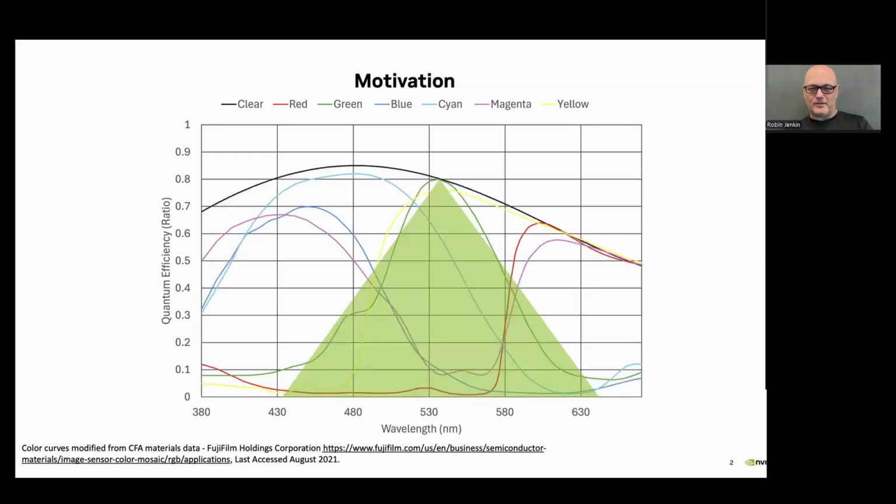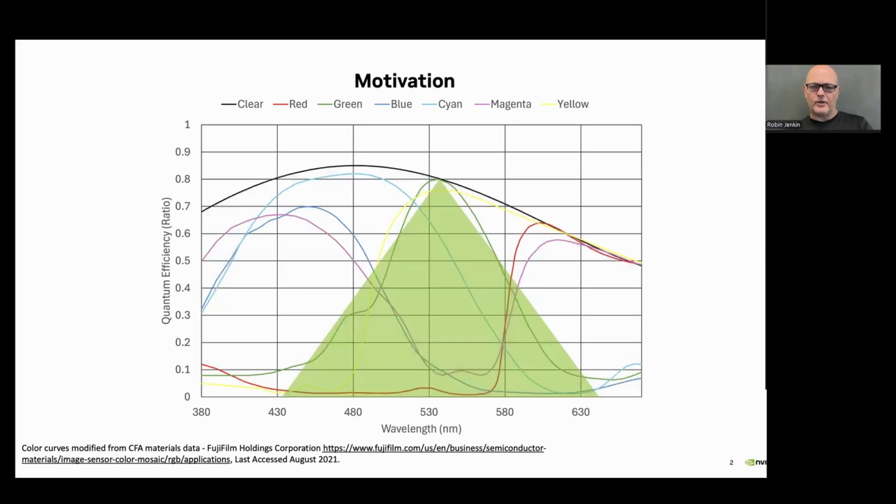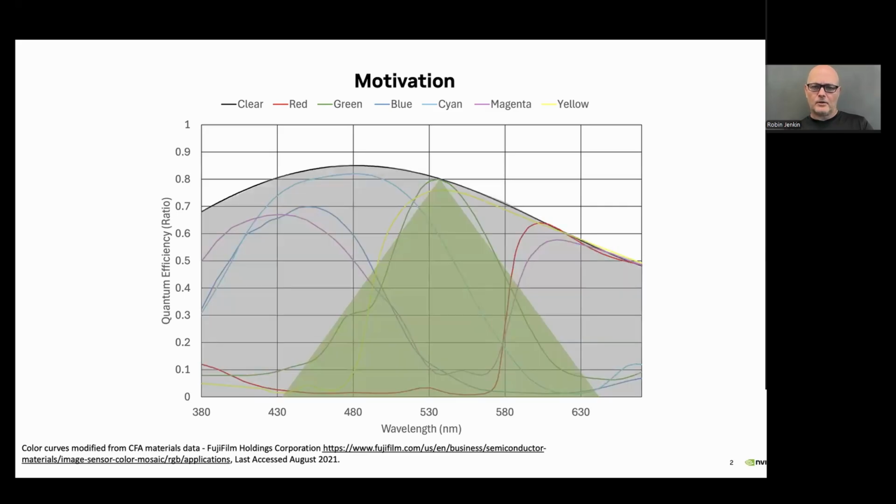We're just collecting this, so we reduce the amount of light by about half, which reduces the sensitivity of our system. So really, when we're talking about CFAs, we're talking about how to balance the filtering of light to get some sort of color signal against capturing as much light as possible to get as much sensitivity in our system as possible.